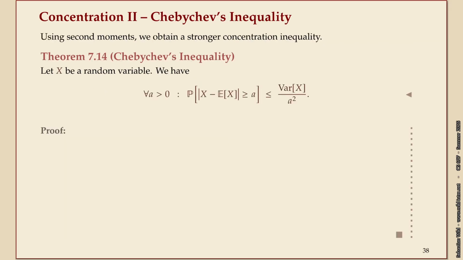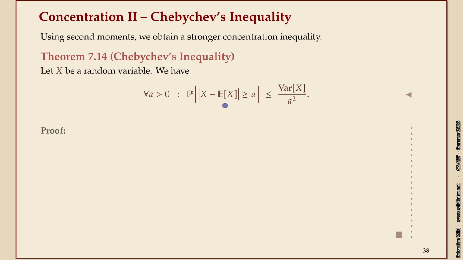The first usage of these moments and Markov's inequality is called Chebyshev's inequality. More and more Russian names. The statement gives you a similar flavor as before for Markov. You have some notion of X being far away from its expectation. Here it's two-sided in the sense that you take the absolute value of the difference. Markov was just being above a threshold.